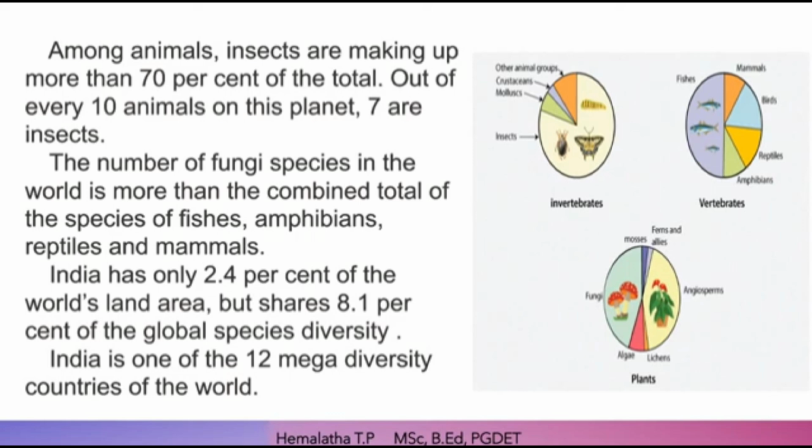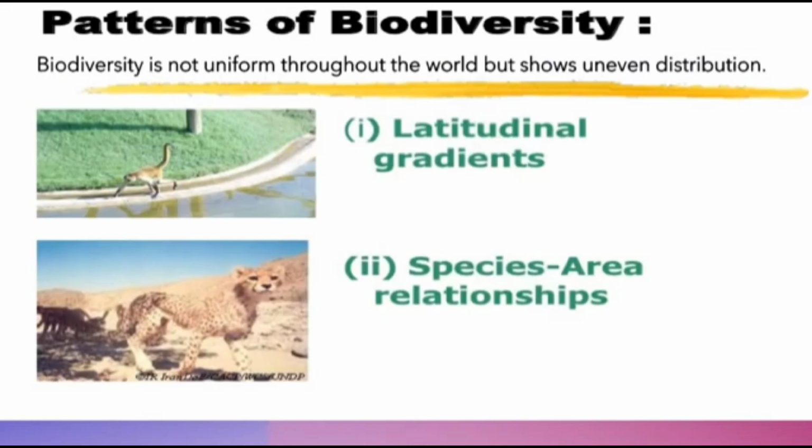Can you understand what it means? Even though the land area is only 2.4%, it shares a huge number of species. It is around 8.1%. It is not a small percentage. It is really a huge variety compared to the whole world's diversity. That is why India is considered one of the 12 mega biodiversity countries in the world.